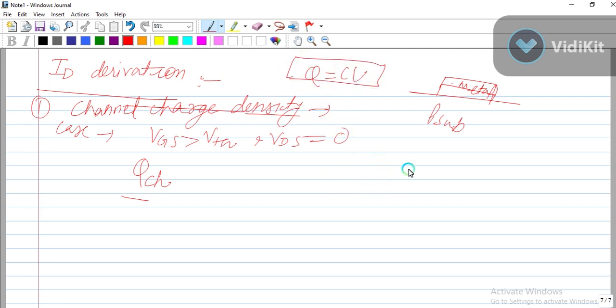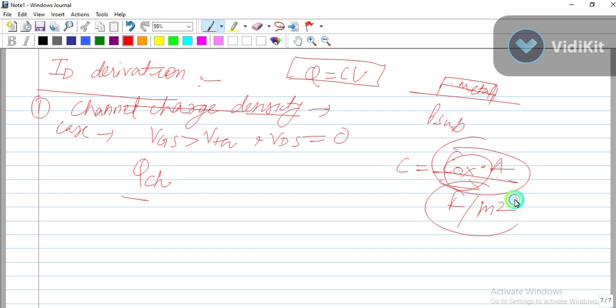C can be written as Cox times area, where Cox is in farad per meter square. So Q channel is equal to Cox A. Let me make one figure of the MOSFET again.